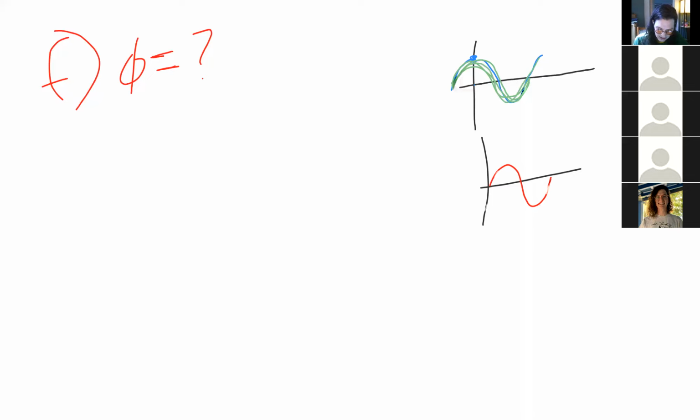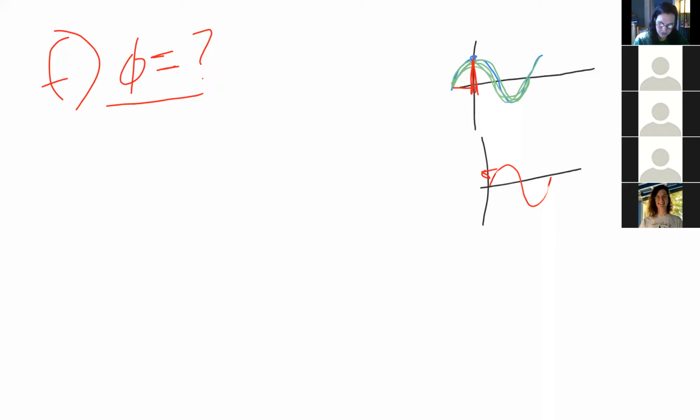In order to get the actual waveform that has been described to me, given my initial conditions, I need to shift this waveform backwards by exactly 1/4 of a period. So in terms of a phase, we know that one whole phase is 2 pi.